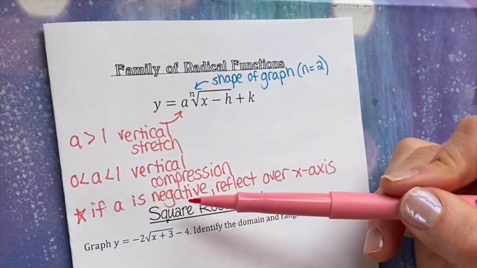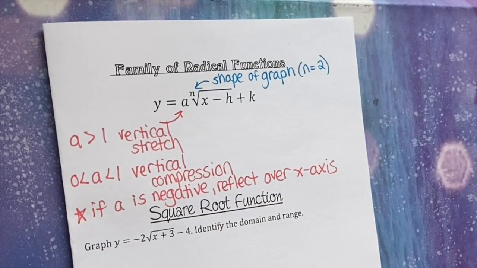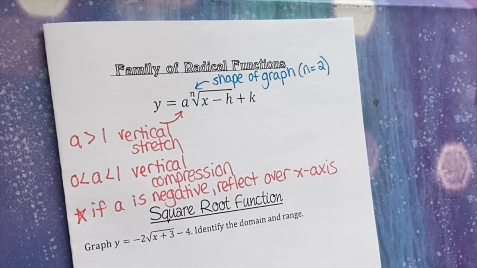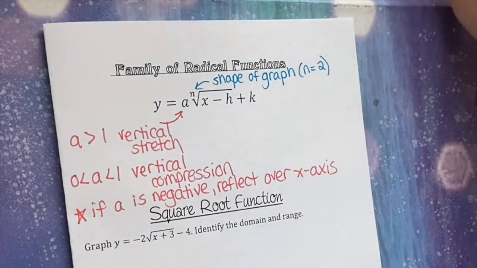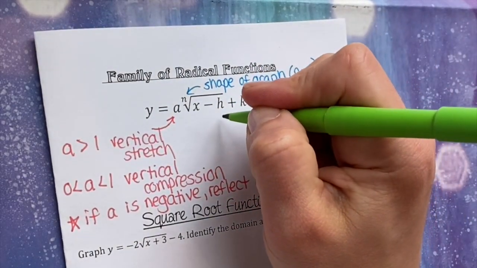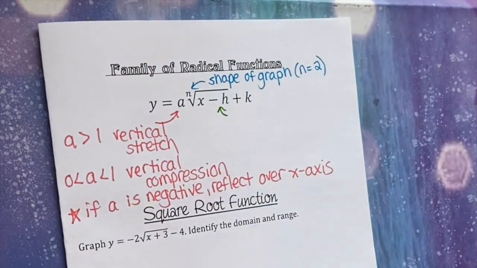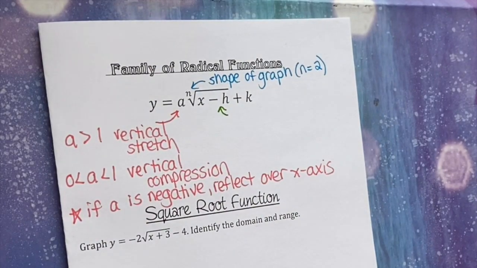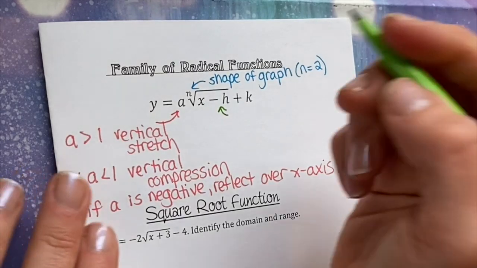So again, this is the same information that we had talked about before when we talked about transformations and when we talked about vertex form of quadratics. Now we are just going to apply that to the square root function. So that brings us to our h value. So remember, h tells you if you're moving to the left or to the right, but here's where you don't want to get tricked, right?